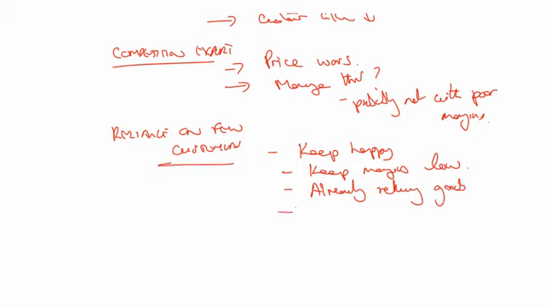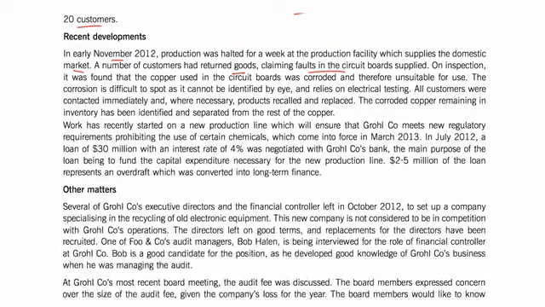Okay, so how are we going to keep them happy if they're already returning goods? So we have some quality control issues, we have possibility of refunds, but also we could lose them to the competition. Okay, keep going.